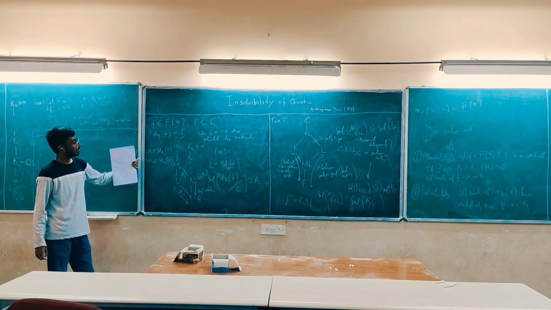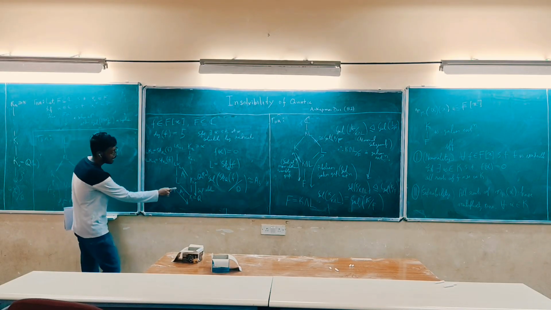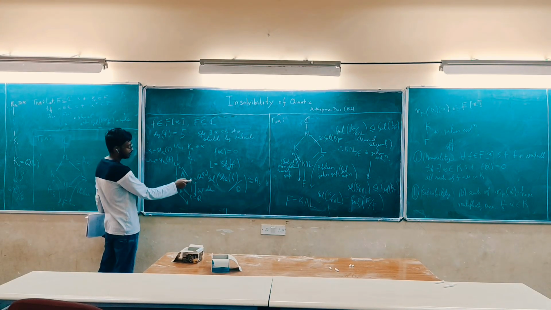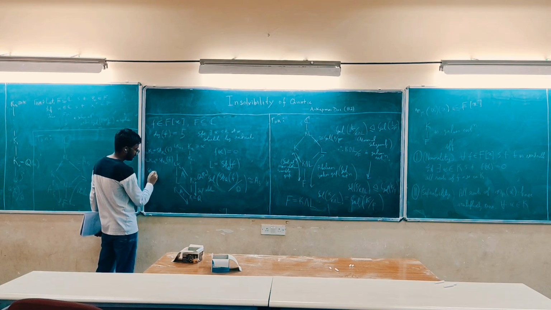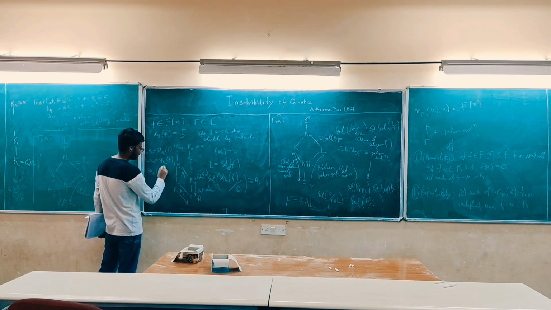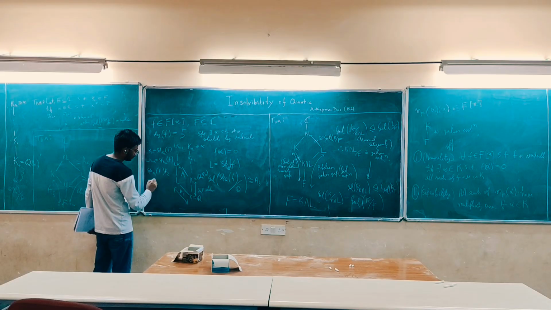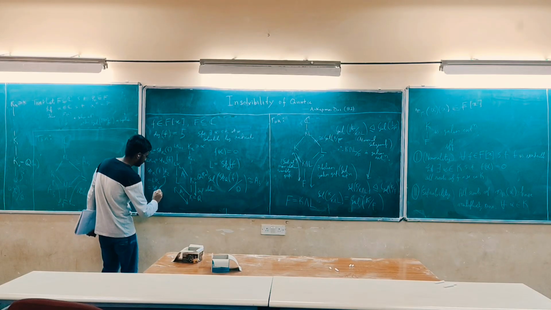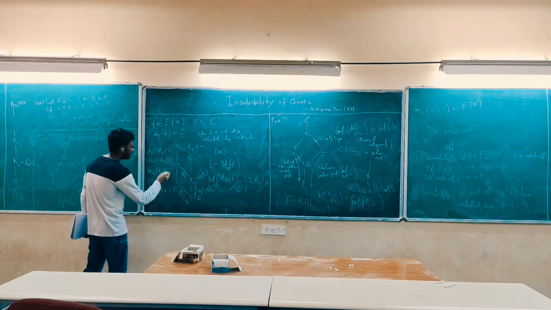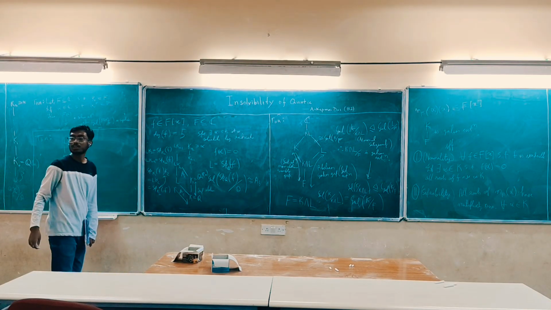Because L was the splitting field of F over Q, L K2 is just the splitting field of F over K2. So by induction of the splitting fields.